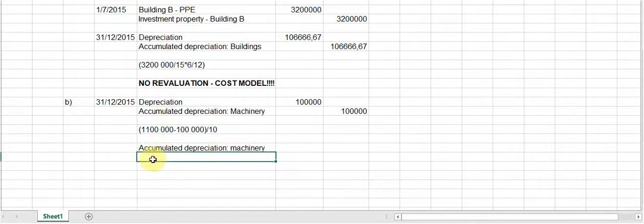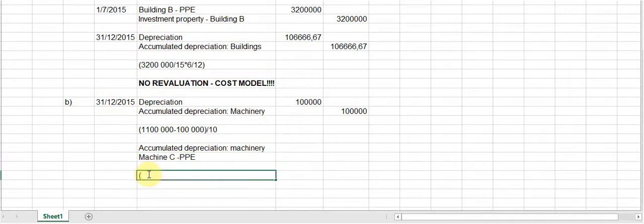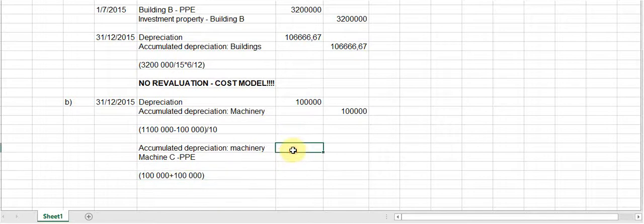And we will play it off against the asset, which is machine C, PPE. We need to calculate the total depreciation. We are told that the depreciation at the beginning of the year was 100,000 rand, and we've just added this 100,000 rand to that account, so I'm adding it as well. And that means the total accumulated depreciation is 200,000 rand.